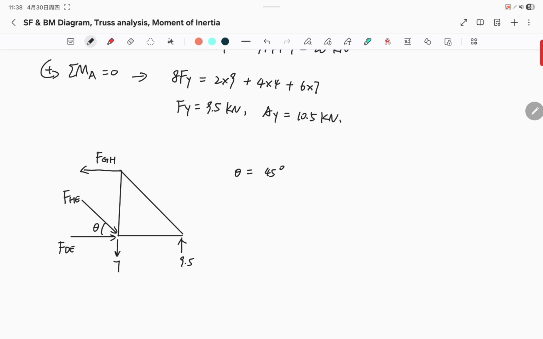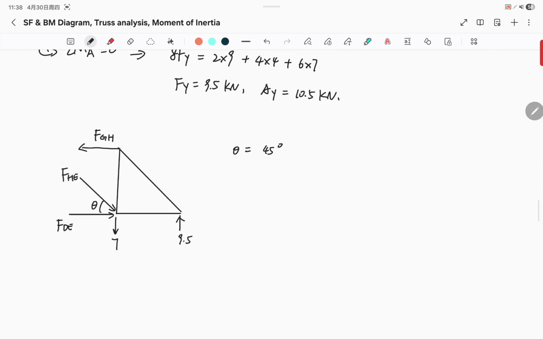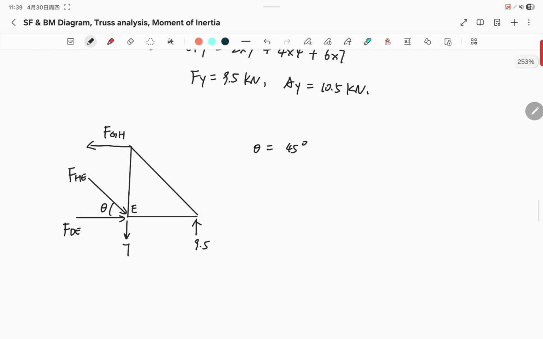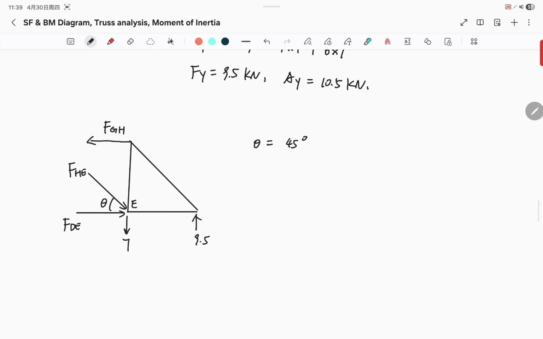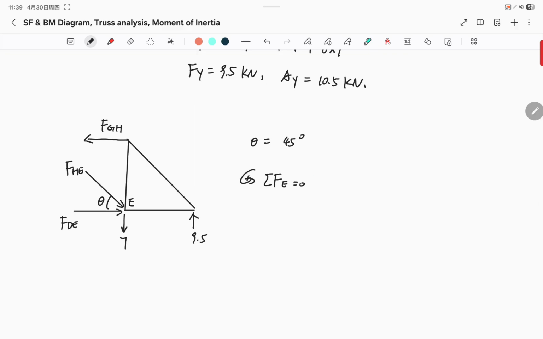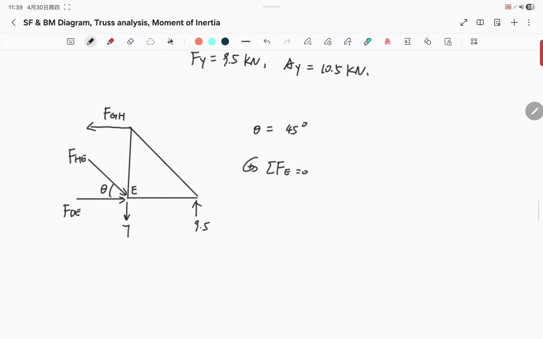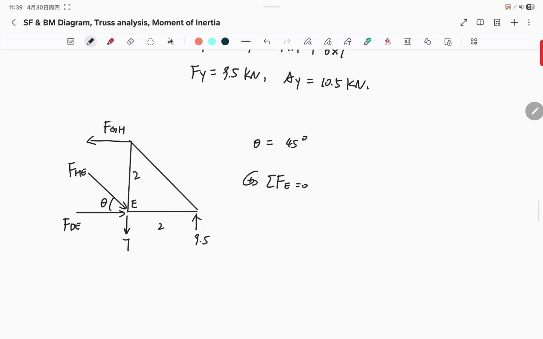And now we can take moment at this point, moment at E, because there's a lot of force passing through this point, and those forces don't have any effect on the moment. And immediately we can solve force GH. What's the distance? This is 2 meters by 2 meters. So we have FGH positive counterclockwise, and distance is 2.